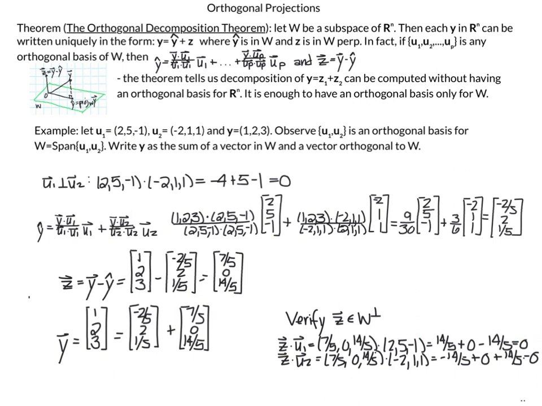And then z dot u2: here's my z, my u2 is negative 2, 1, 1. That's also equal to 0. So again, I've decomposed my y into a vector y hat that is in the span of u1, u2, plus z, which is in W perp.